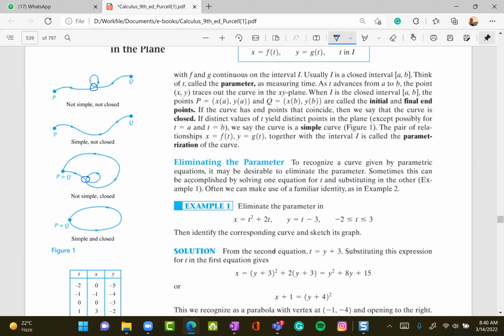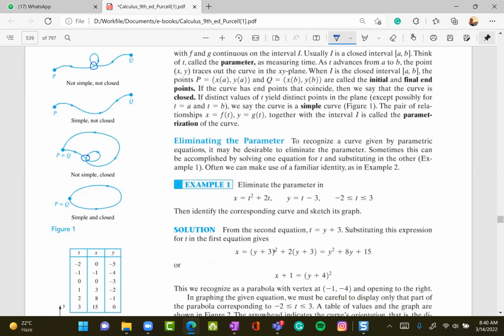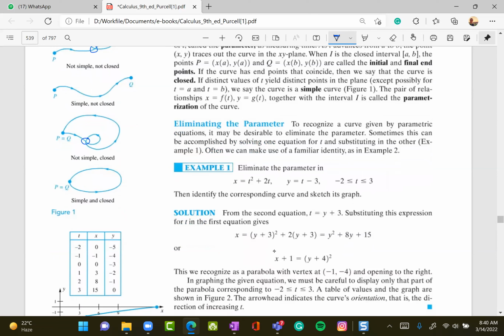So the question is, try to recognize what kind of curve this is and sketch it. Here we try to find some relation between x and y. We solve this for t: t equals y plus 3, and substitute this t into x. So you get these equations.